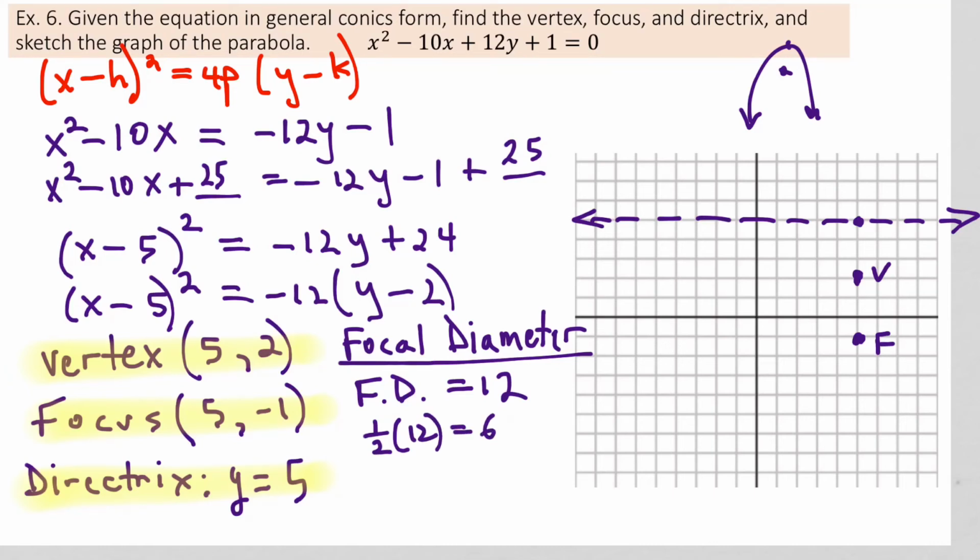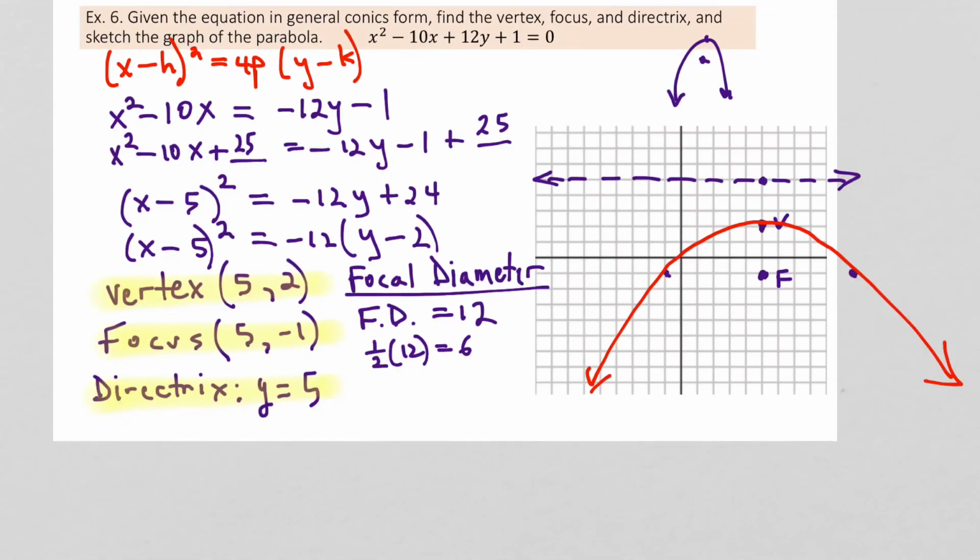My focus is the midpoint of my focal diameter. All right, so let's do that. So 6, 1, 2, 3, 4, 5, so roughly here, and 1, 2, 3, 4, 5, roughly here. 6 on either side. All right, so let's go ahead and sketch that in. Okay, so I sketched it in there, and this is everything, so we're done with this problem.